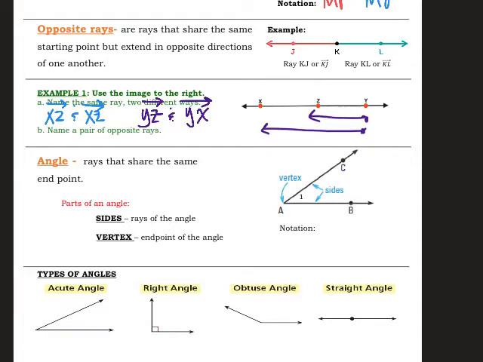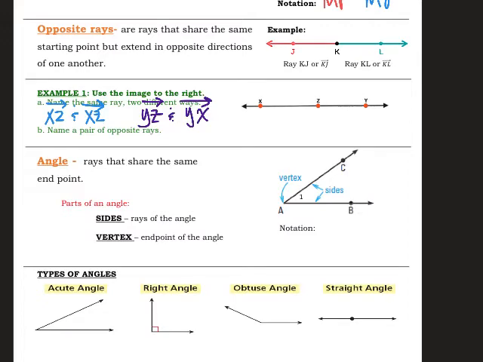So where do you think I should start if I'm going to name two rays going in the opposite direction? Where do I think I should start my ray at if I have to name two rays going in two different directions?